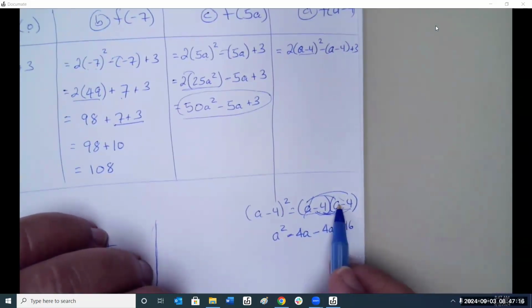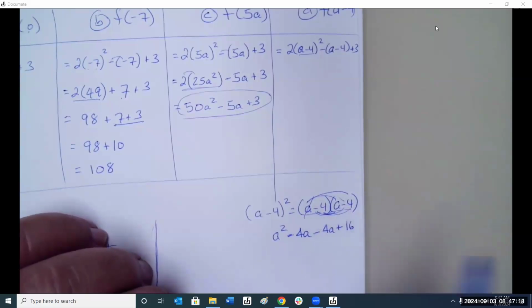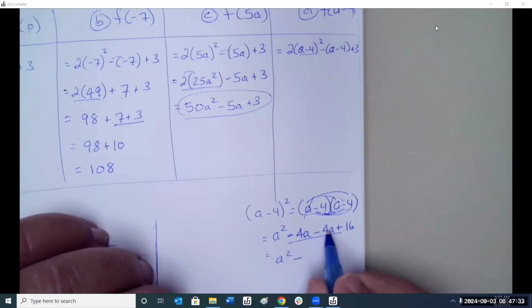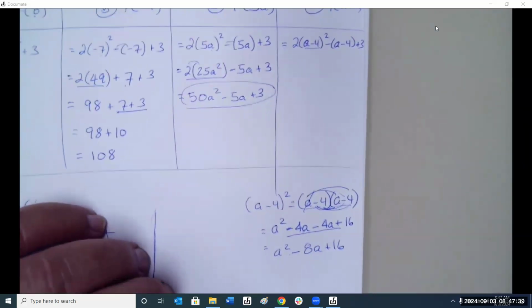Whenever you get rid of parentheses, the first thing you do afterwards is combine like terms. So here we have like terms, 4a, 4a. So we get a squared. They're both negative. 4 plus 4 is 8a plus 16.